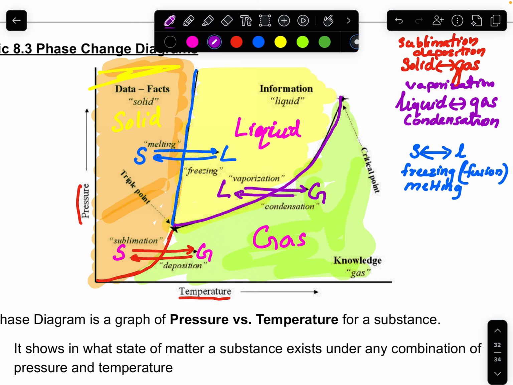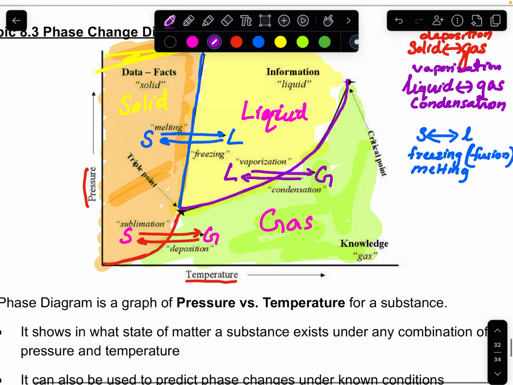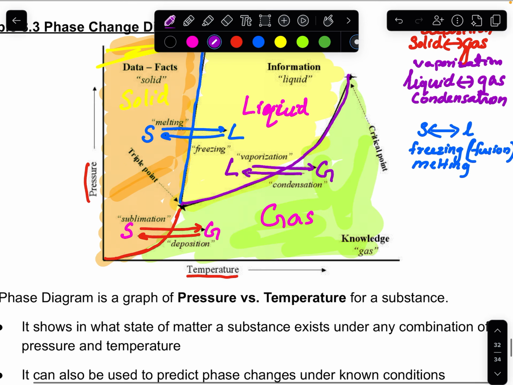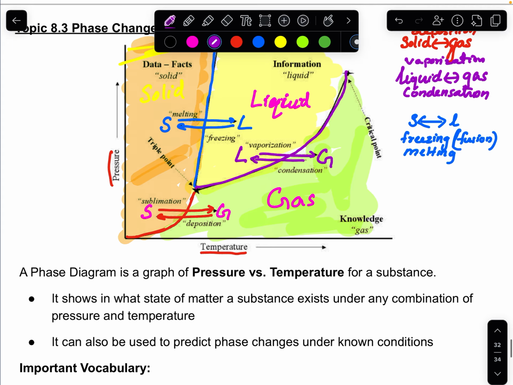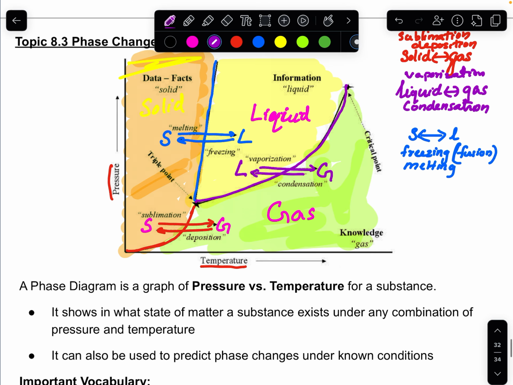These changes you can do by changing two variables, either temperature or pressure, or both. We are going to see how you can convert a solid into gas, or a solid into liquid, or liquid into gas, or the opposite, by changing pressure and temperature.